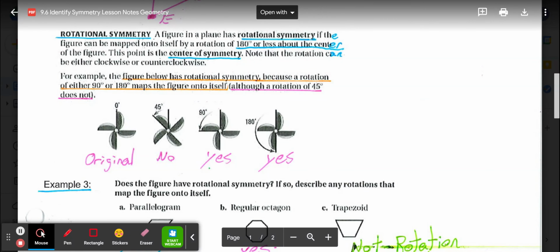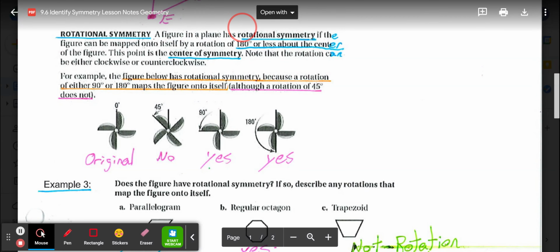If there's more than one way it fits, it's rotation symmetric. So with rotational symmetry, think about spinning an object around its center point, and if it turns into a congruent figure that matches up perfectly, it is rotation symmetric.